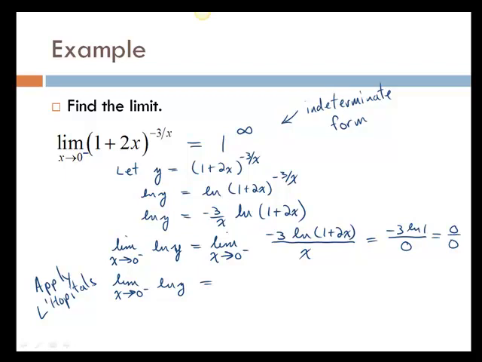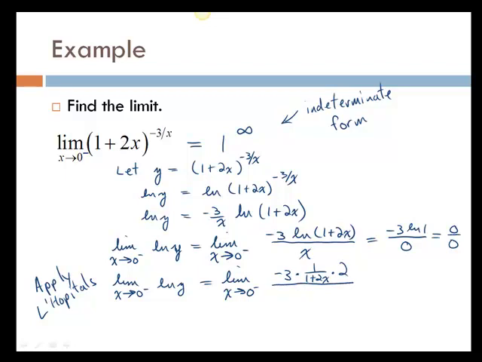That means we're going to take the derivative of the numerator. So we're going to take the limit as x goes to 0 from the left. For the numerator, that's going to be negative 3 times the derivative of the natural log of 1 plus 2x, which is 1 over 1 plus 2x times the derivative of 2x, which is just 2, all over x.